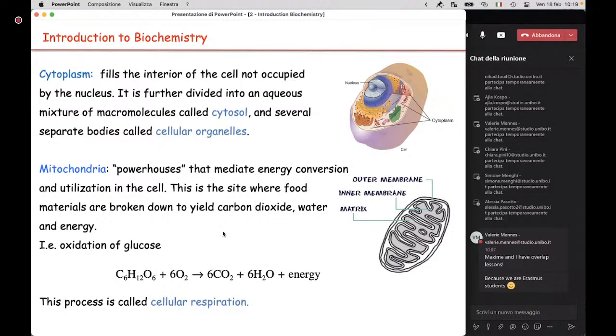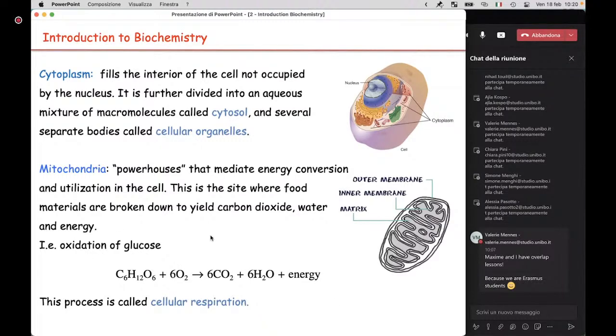Within the cell, all or many or most reactions that happen need energy in order to happen, and the cell so needs a way to produce energy in order to carry out its reactions. And mitochondria is exactly where this energy production happens.